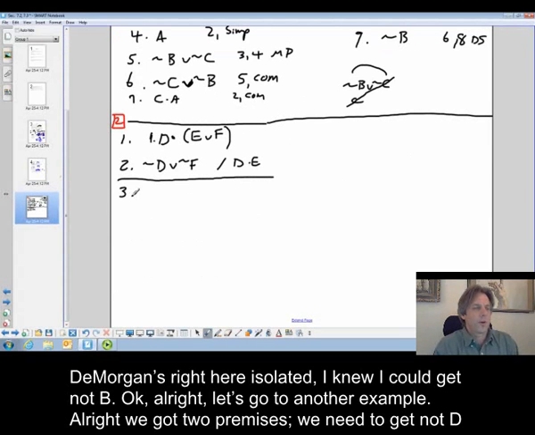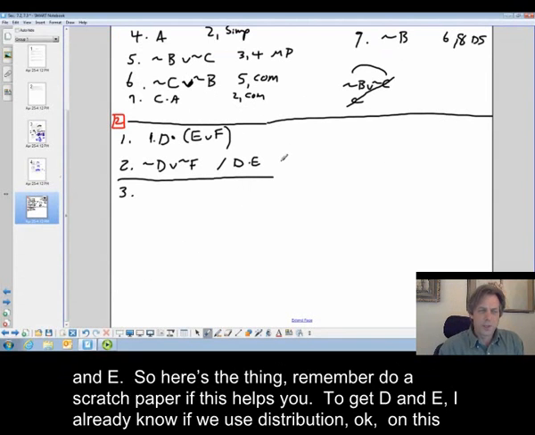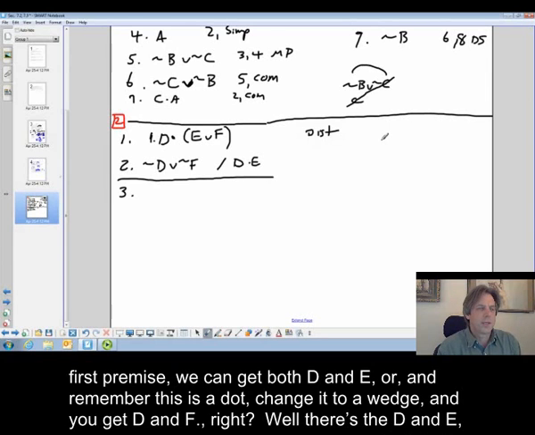All right, we've got two premises. We need to get not D and E. So here's the thing. Remember, do scratch paper if this helps you. To get D and E, I already know if we use distribution, okay, on this first premise, we can get both D and E, or, and remember, this is a dot, change it to a wedge, and you get D and F, right?